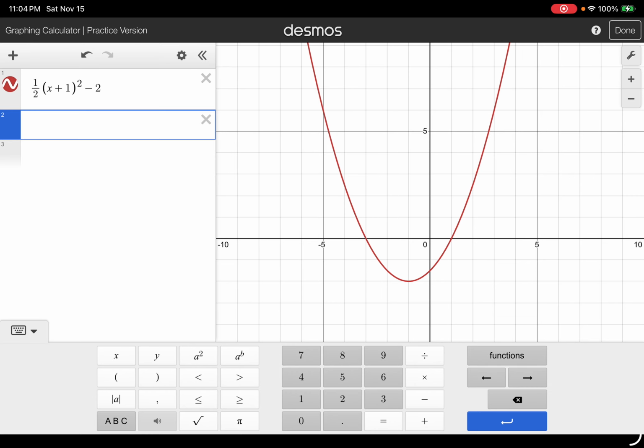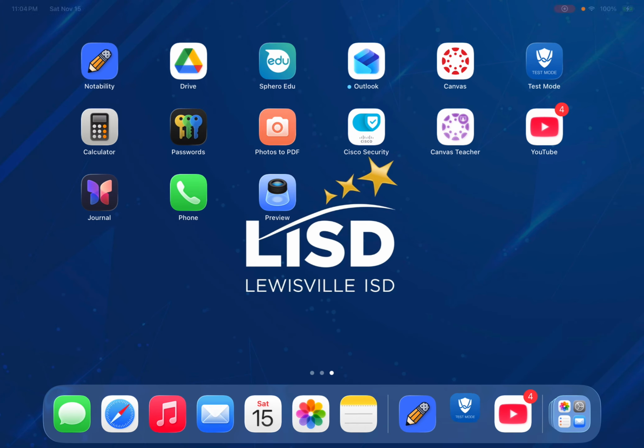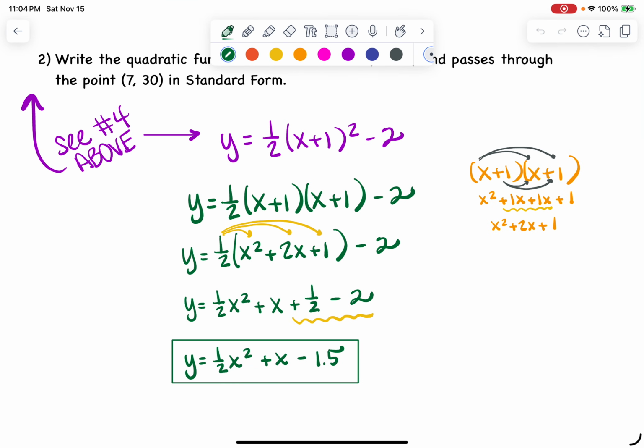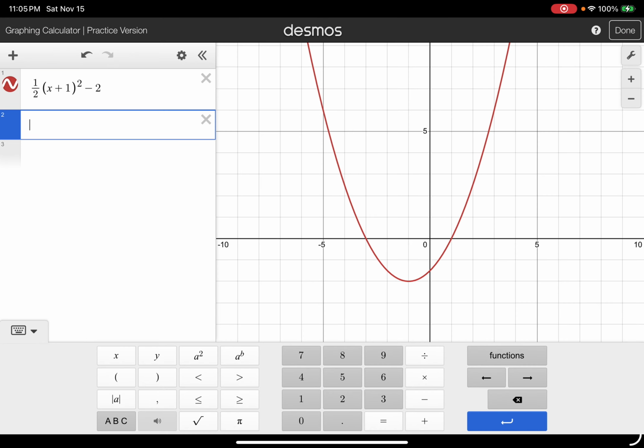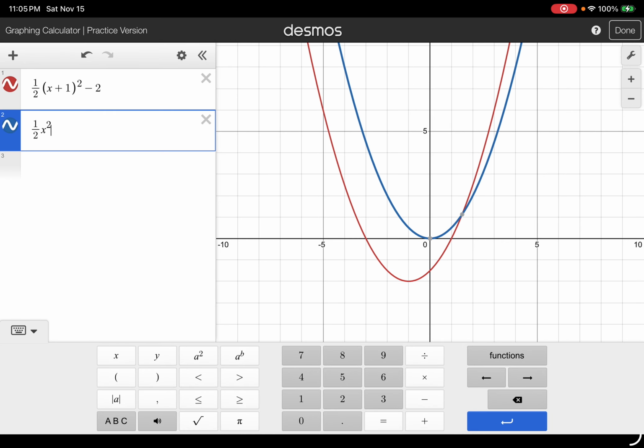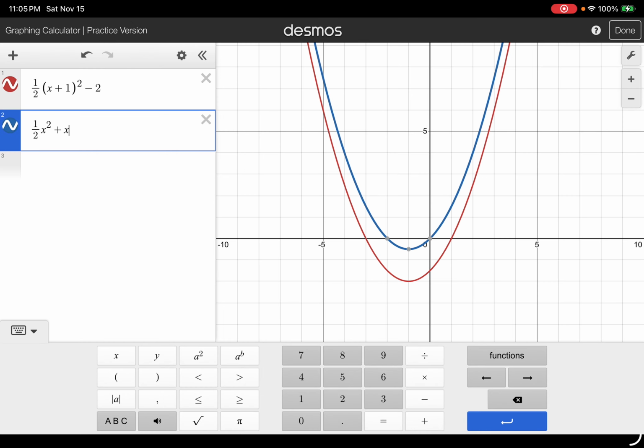It's red, that lovely red parabola. Now I'm going to go see if what I just found in standard form gives me the same thing. So 1/2 x squared plus x minus 1.5. 1/2, 1, negative 1/2. 1/2 x squared plus 1x minus 1.5.